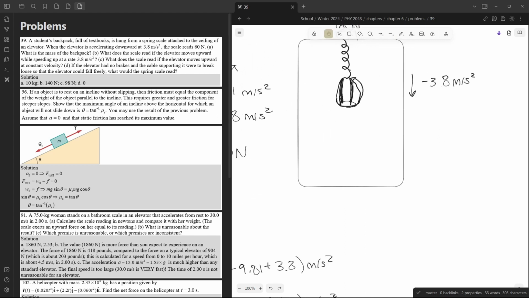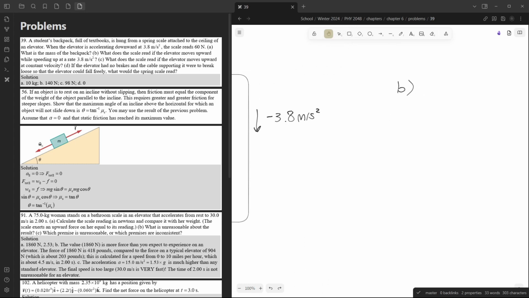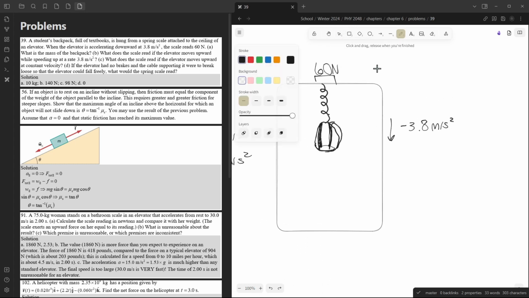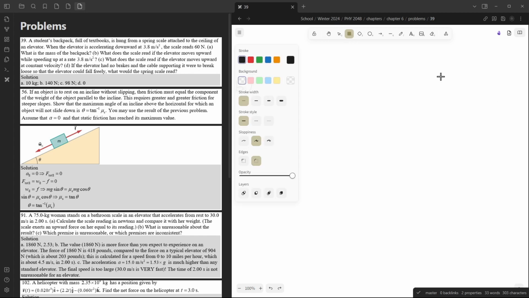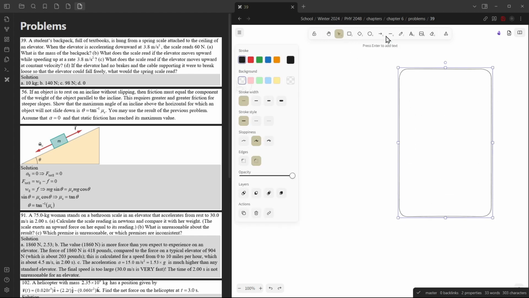So, as you can see, this is going to increase the amount the scale is going to read, right? Because this whole thing is now moving upwards, meaning the backpack is going to have more force acting on it in the downward direction. It's such a hard thing to explain, but hopefully it makes sense.